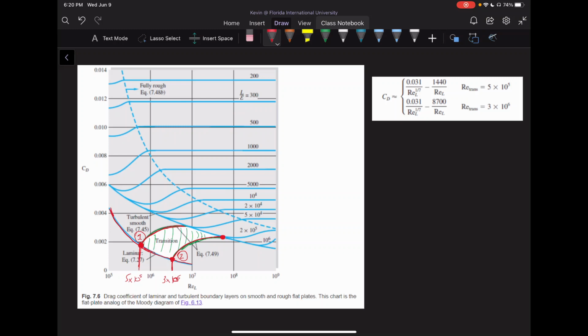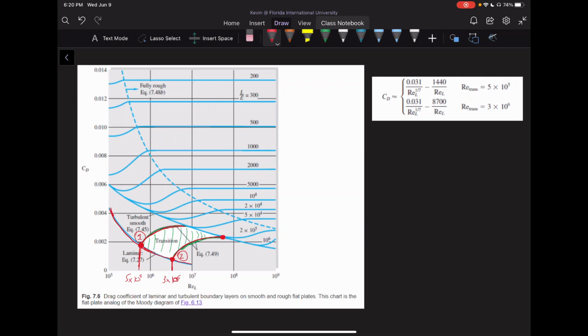So we're going to do an example problem where we are told what our Reynolds transition is, which will help us know what to use as an equation in order to solve the problem.